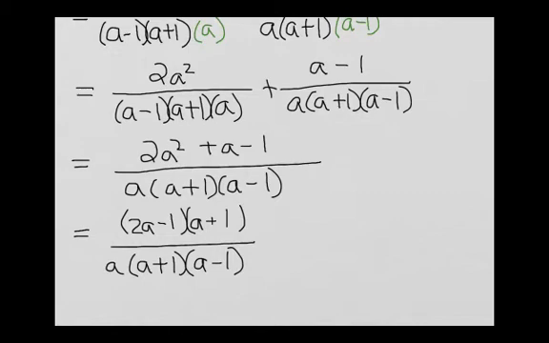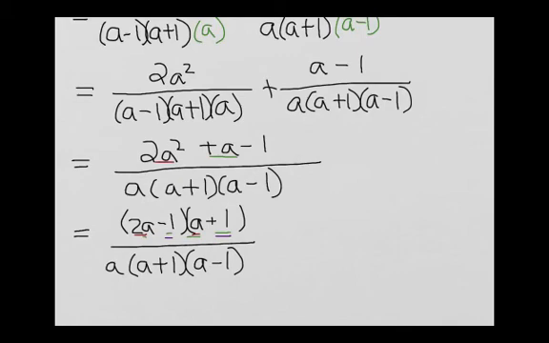And we can check this. If we multiply the 2a times the a, we get 2a squared. If we multiply the 2a times the minus 1, the plus 1, and the minus 1 times the a, we'll get plus a. And if we multiply negative 1 times positive 1, we'll get negative 1.